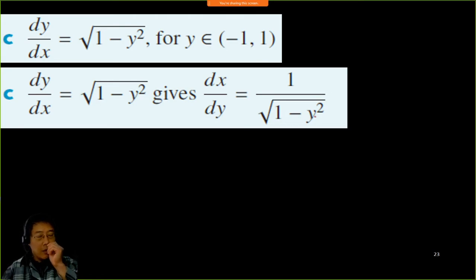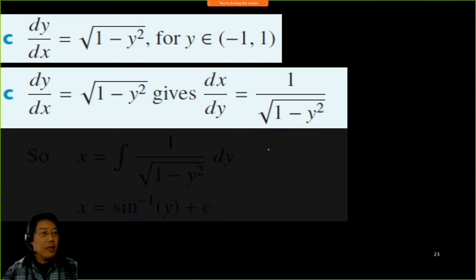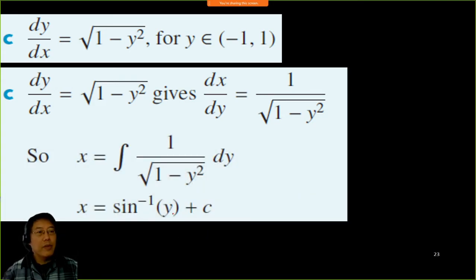If you anti-differentiate, that will link back to the inverse of sine. If it was a usual one, it's the reciprocal, it's y over a, and it will be y squared over a squared.